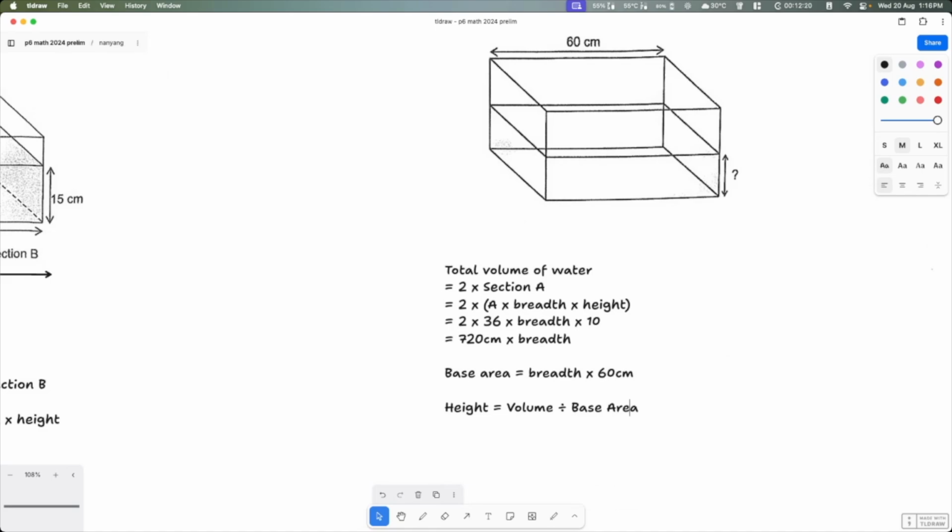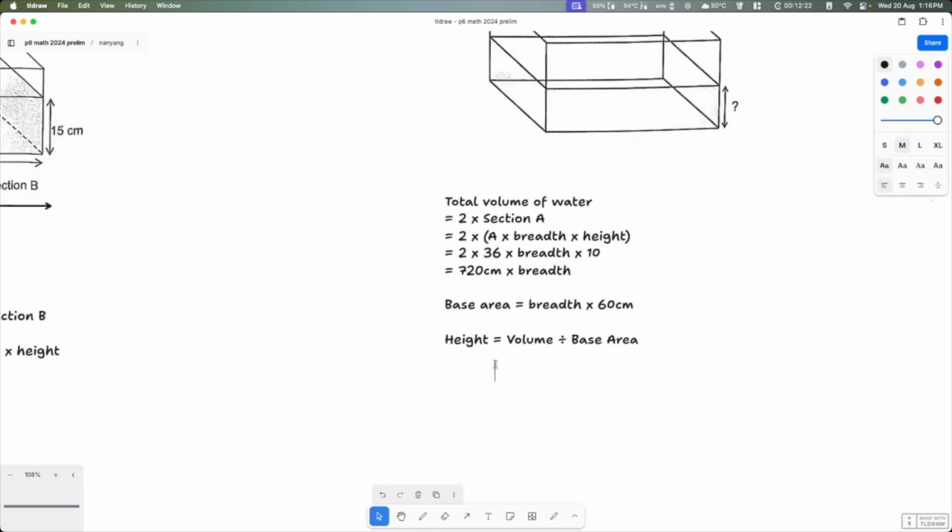So the volume, 720 times breadth, is divided by breadth times 60.